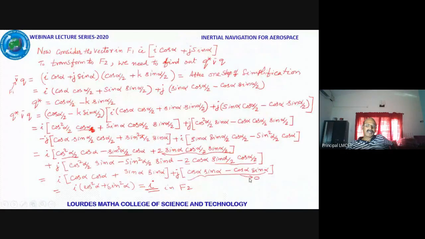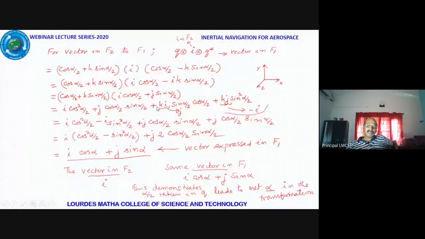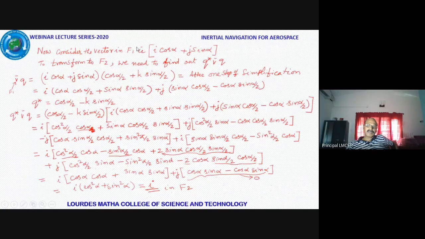And if somebody is interested, this new vector is now in F1. You take that F1 here, and if you want to transform to F2 backwards, then you have to do Q star, that vector, into Q. So I have done that, and I must get my original I vector.